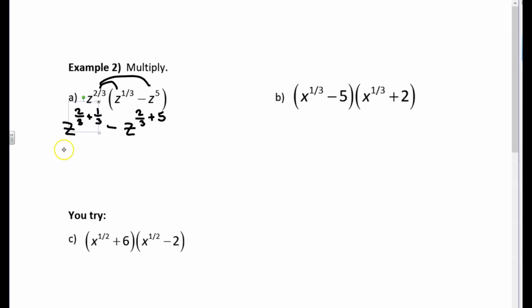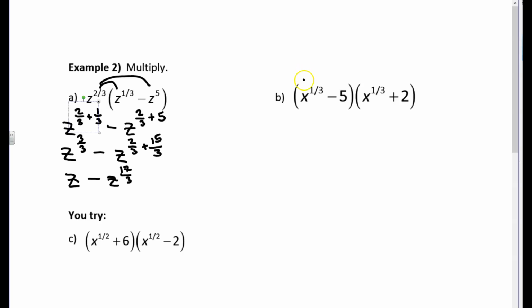This one's pretty easy. This becomes z to the 3/3 minus, here I need common denominators. This is z to the 2/3 plus 15/3. This guy, 3 over 3, just becomes 1, so that's z minus z to the 17/3.